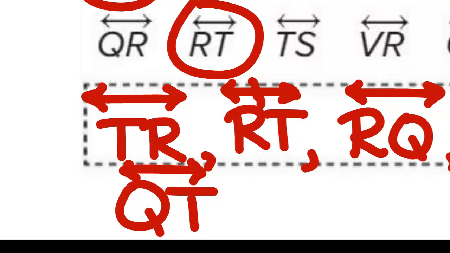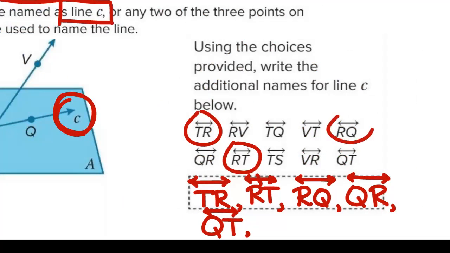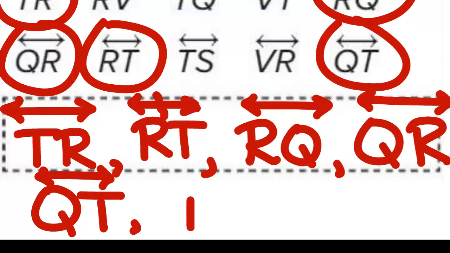All right. I think there's one more way that we could possibly name this. I've got TR, I have RT, I have RQ, I have QR, I have QT, TQ. I just drew that last one wrong. I wrote it down wrong.